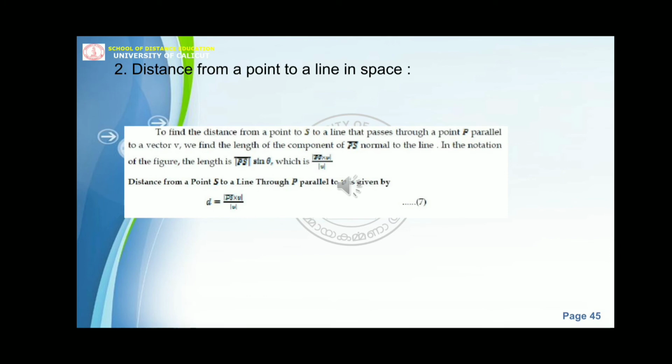That is, |PS| sin theta, where theta is the angle between vector PS and vector v, or equivalently we can write it as |PS| times the modulus of the cross product of PS and v divided by |PS||v|. Therefore the distance from a point S to a line through P parallel to vector v is given by d = |PS × v| / |v|.